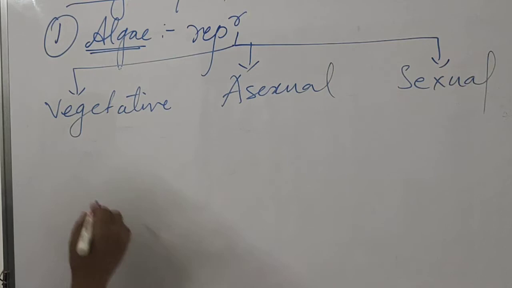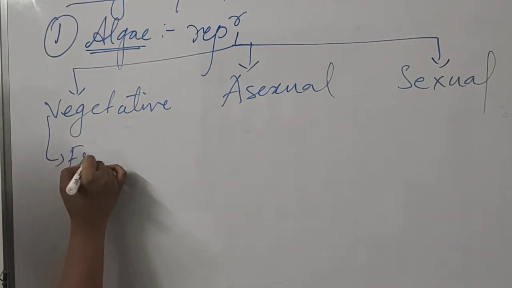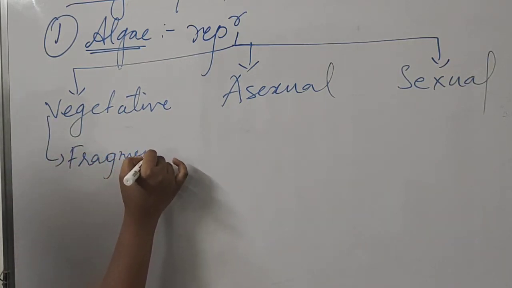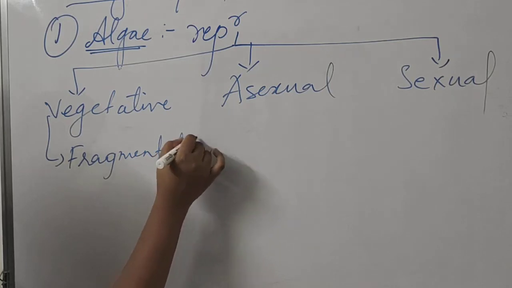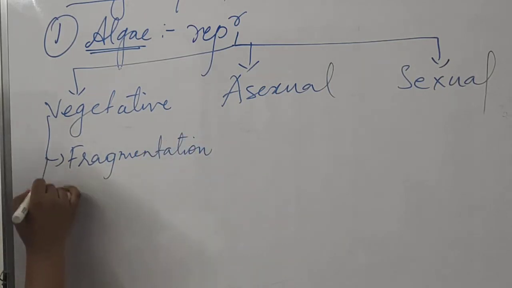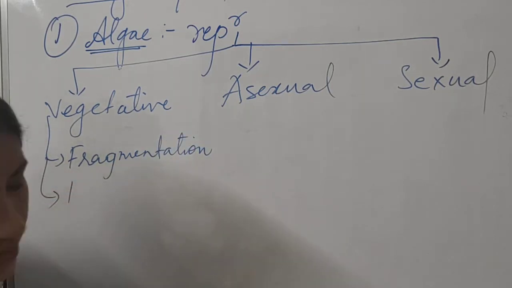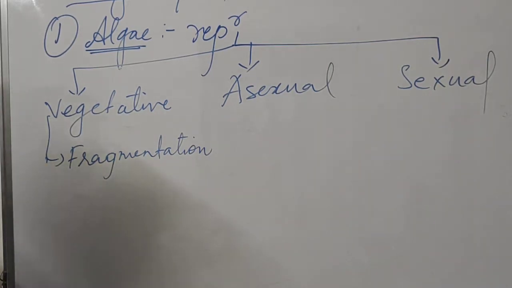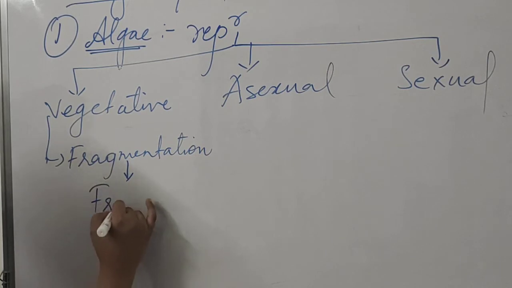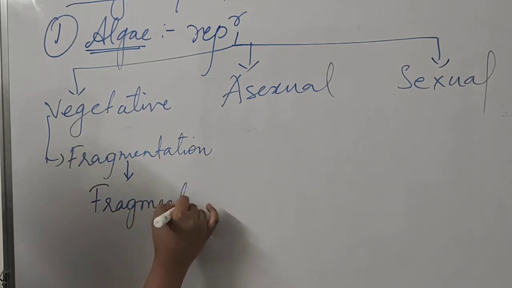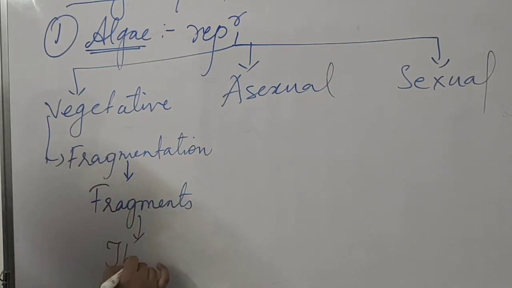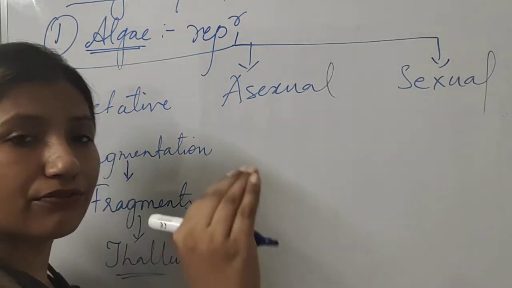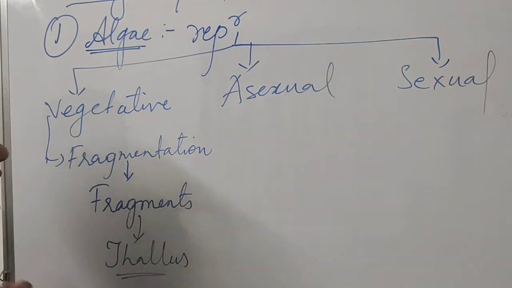Vegetative means they reproduce by fragmentation. When they form fragments, these fragments give rise to a thallus. Thallus is the simple body from which a new algae can arise.